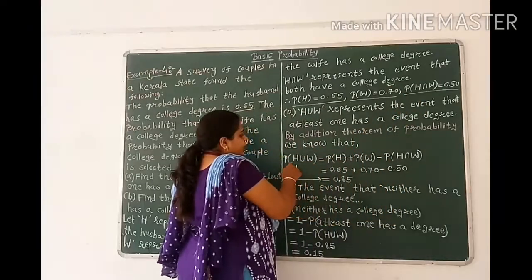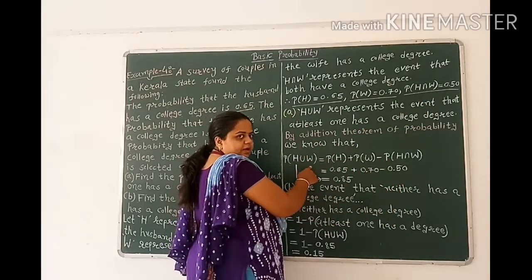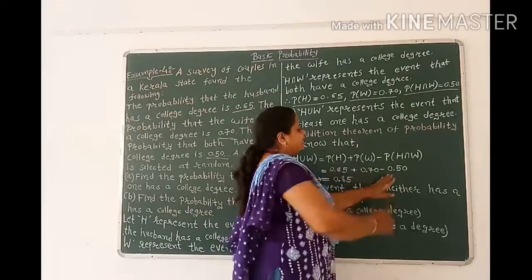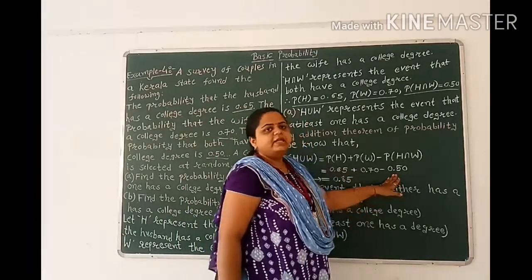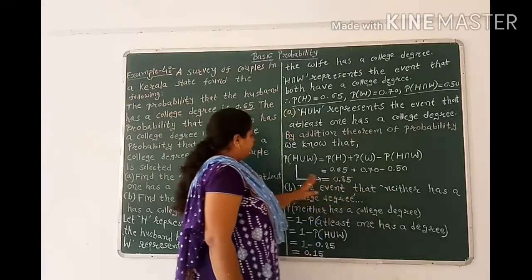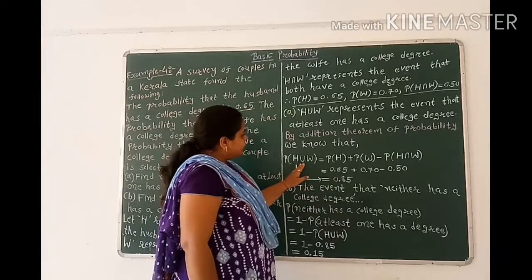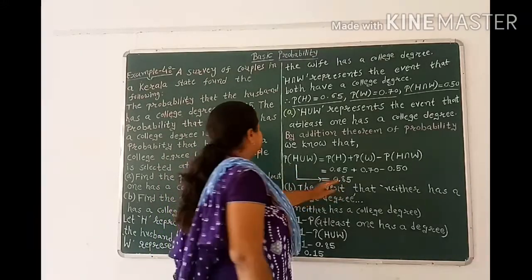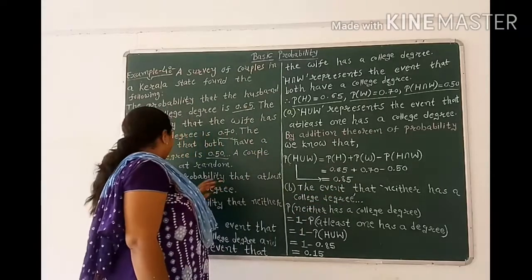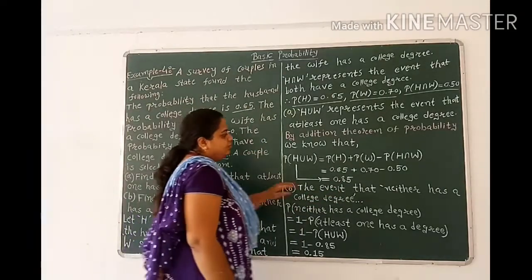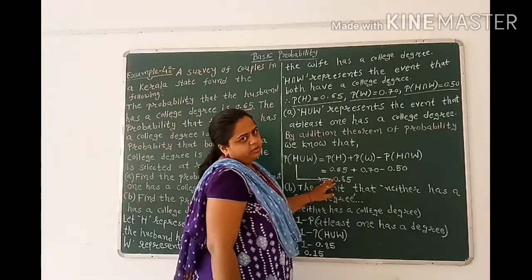So probability of H union W equals 0.65 plus 0.70 minus 0.50, which is 0.85. That is, the probability that at least one has a college degree is 0.85.